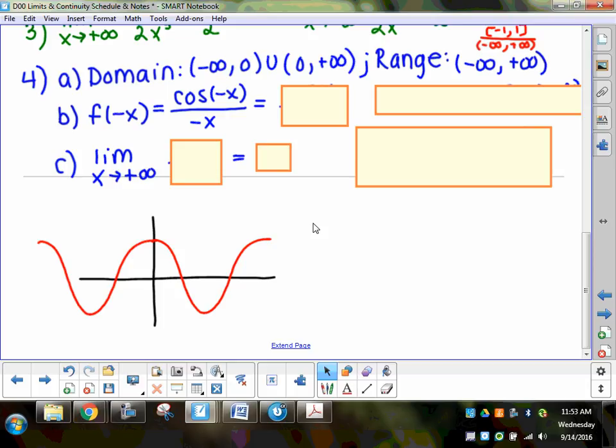So if I plug in, let's make it real easy, 180 degrees, what do I get if I plug in negative 180? What do you know about the relationship between cosine, the inputs on the positive side and the negative side? They're the same. So what's cosine of negative x going to simplify to? Cosine of the negated input?